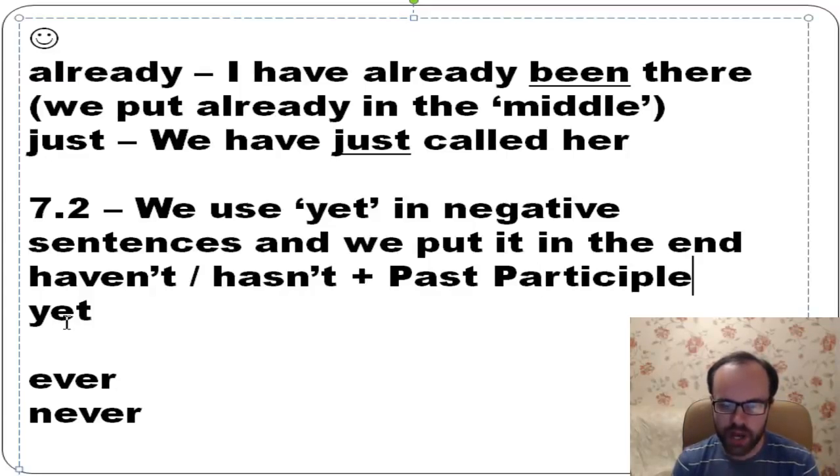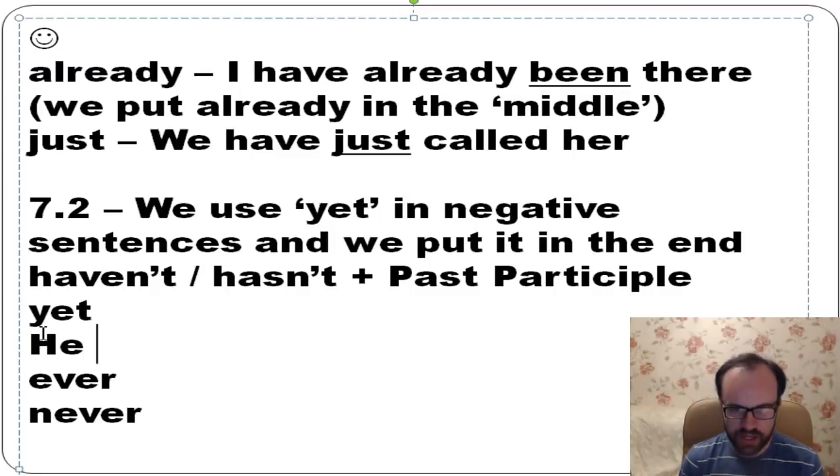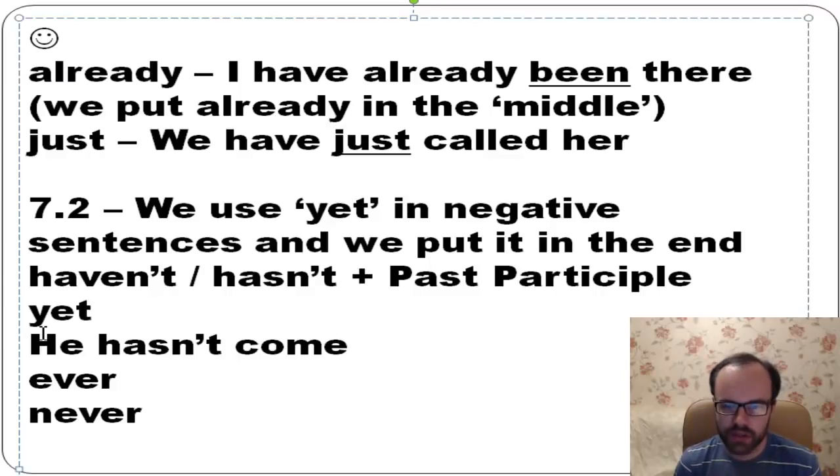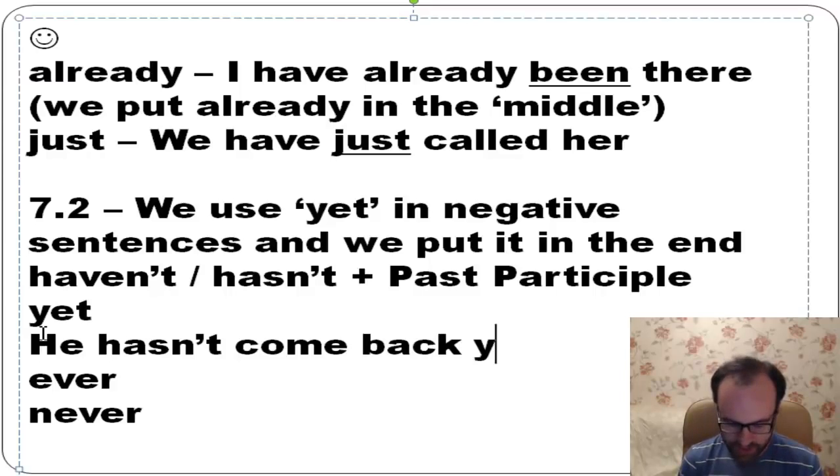For example, he, she, it hasn't. He hasn't come back yet. It means he didn't come back. So if you have yet, you use present perfect. He hasn't come back yet.